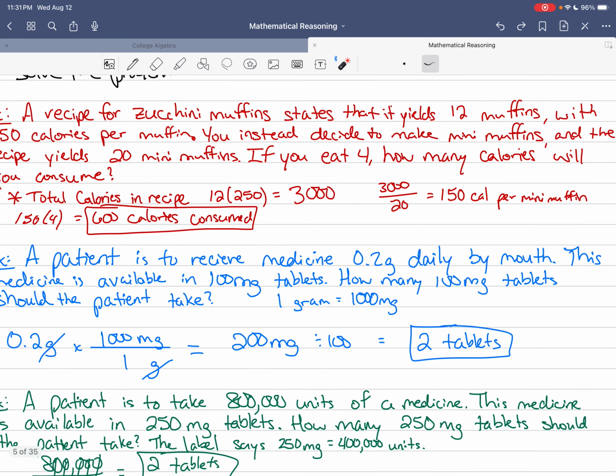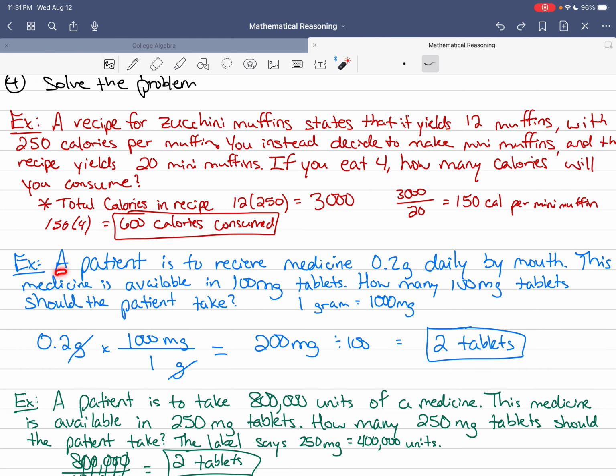All right, next example. A patient is to receive medicine of 0.2 grams daily by mouth. This medicine is available in 100 milligram tablets. How many 100 milligram tablets should the patient take?